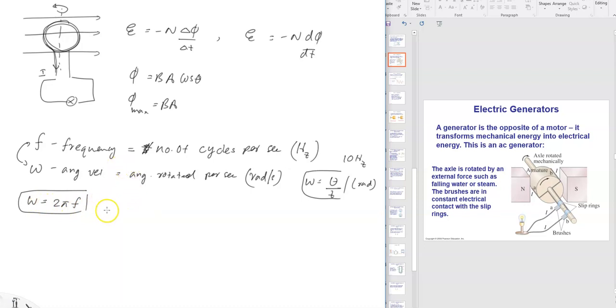In our household electricity, frequency is, as you might have noticed, between 50 and 60 hertz in the US and in many countries. That means the generators in actual power stations all have this standard. They all rotate at the same cycles per second, so that everybody gets the same kind of electricity.